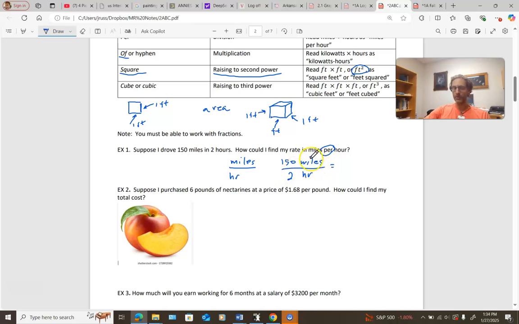My unit is going to be miles per hour. So 150 divided by 2 is 75. So my speed, or my rate, would be 75 miles per hour. Sometimes you'll see it written as mph, miles per hour.